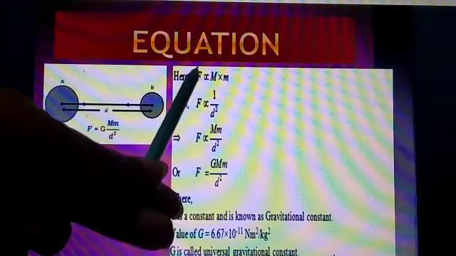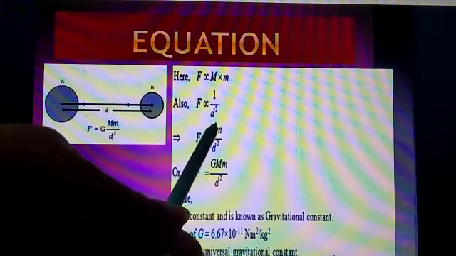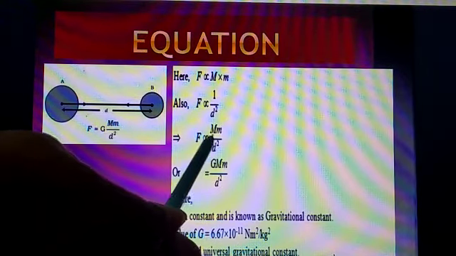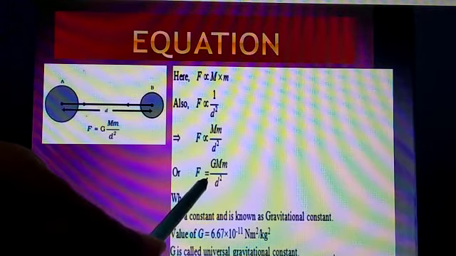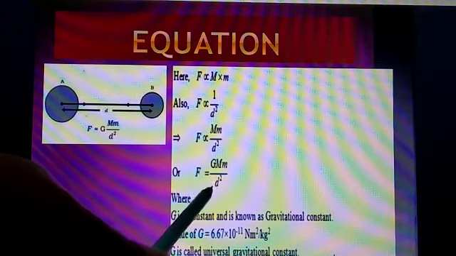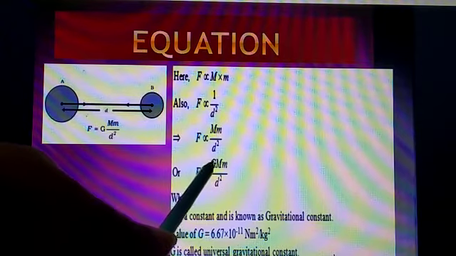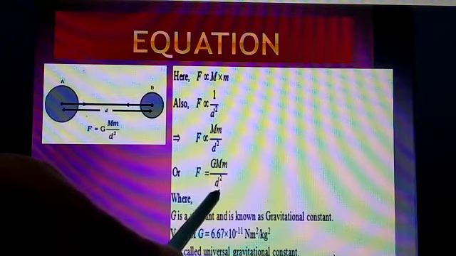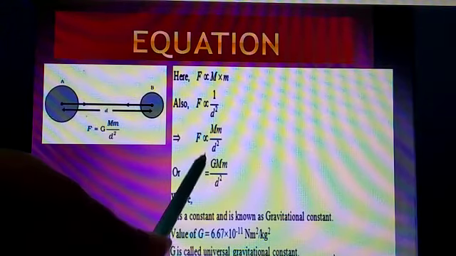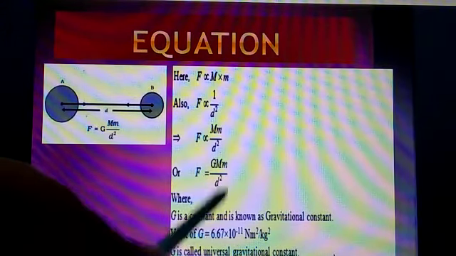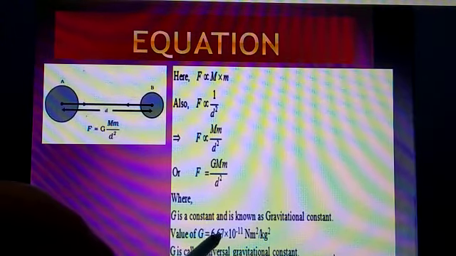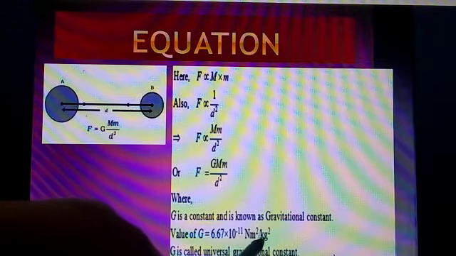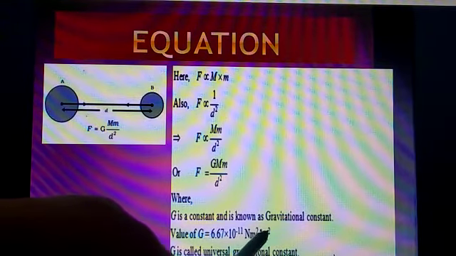By combining these two, F is proportional to the product of their masses upon the square of the distance between them. This proportionality sign we can replace by capital G. Then F equals G into the product of the masses upon the square of the distance between them. The value of G is the gravitational constant. The value of G is equal to 6.67 into 10 raised to minus 11 Newton meter square upon kilogram square.